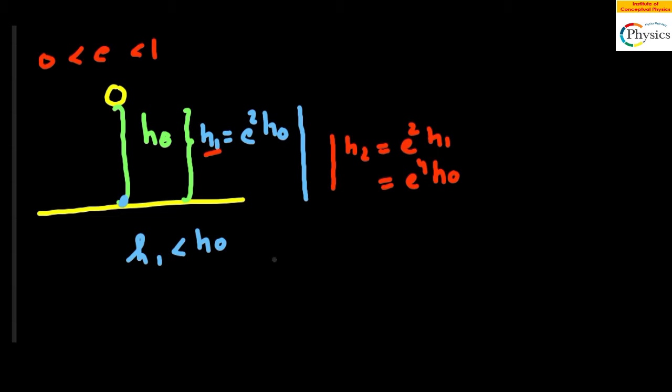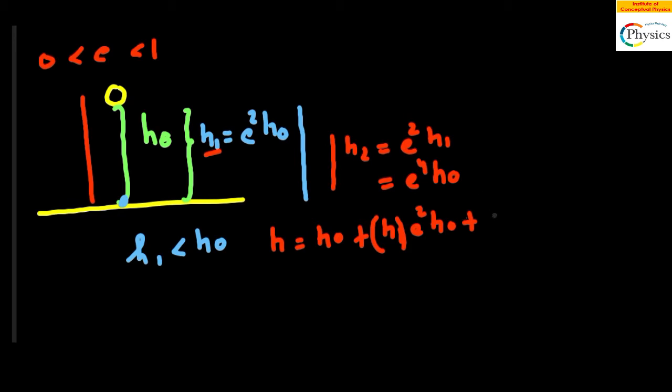So if I add the total heights, and I do some calculation, it will be the first height, from where it was dropped. Then it went up, this is h1, and then it came down, so this will be double.